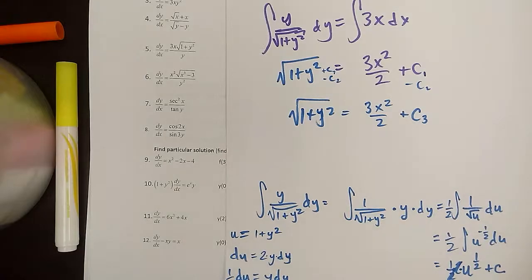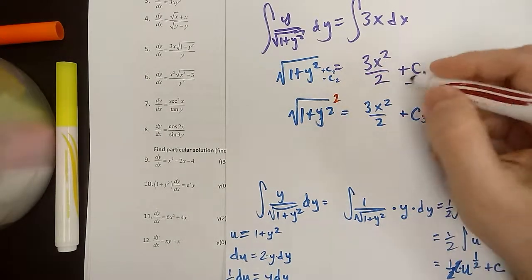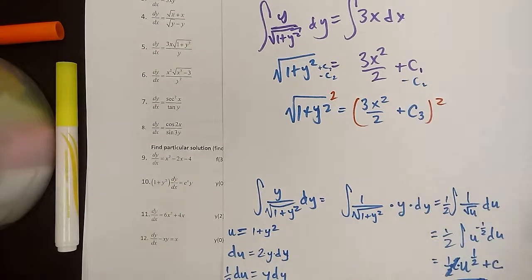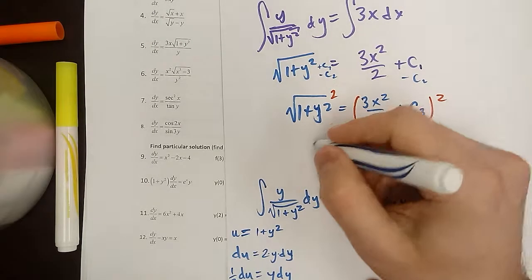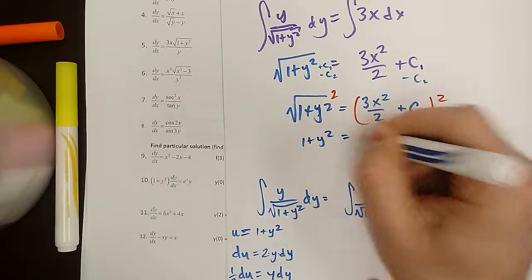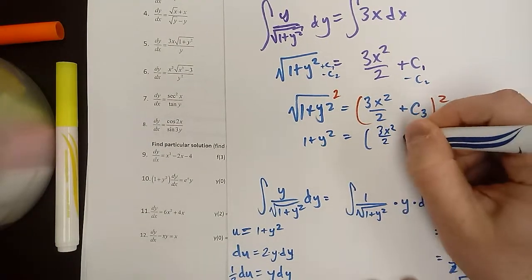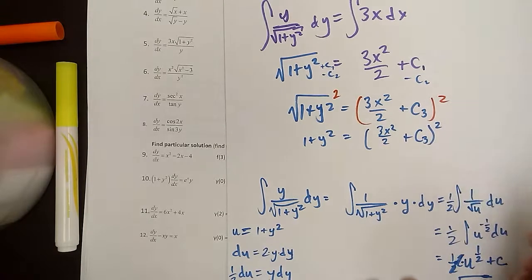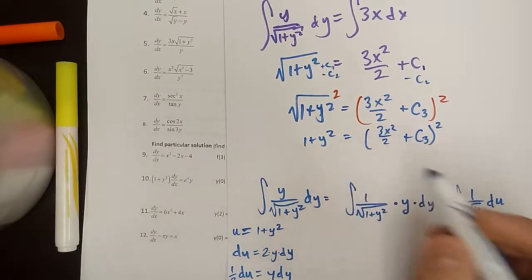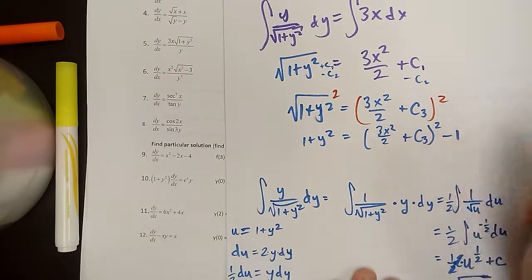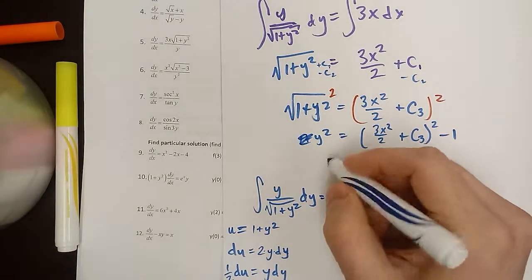And now I want to get y by itself. So I'm going to square both sides, and we get 1 plus y squared is equal to 3x squared over 2 plus c3, all squared. Now we're going to have to subtract 1 from both sides, and then take the square root of it.